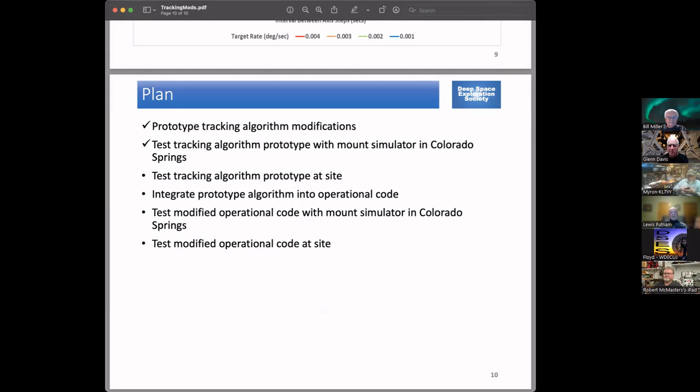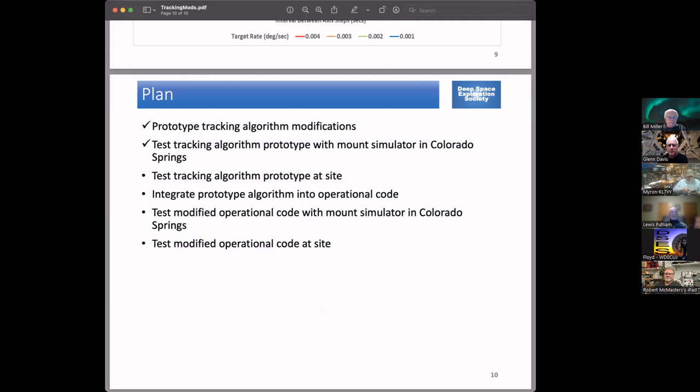He's tested that in Colorado Springs with a simulator, and tomorrow we want to make some runs with that at the site. Hopefully we can get enough information in one trip to verify the approach.